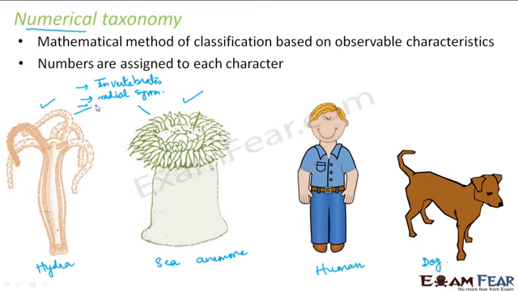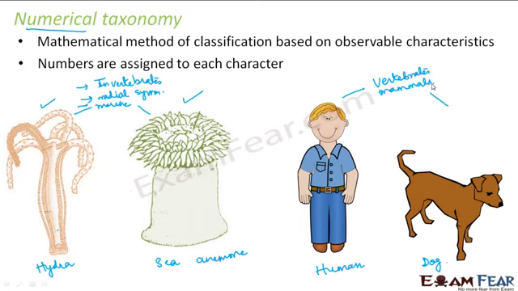Both of them have marine habitats, again another similarity. So we can say that both of these can fall into the same group because they share more similar characteristics. Similarly, the human and the dog can fall into the same group because both of them are vertebrates, both of them are mammals, and so on.